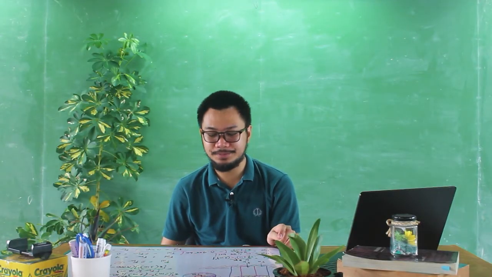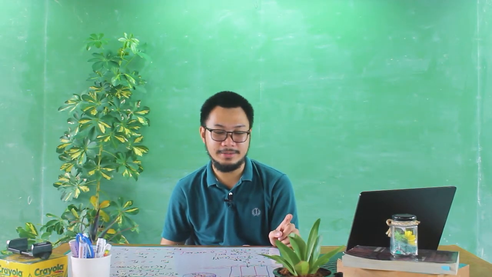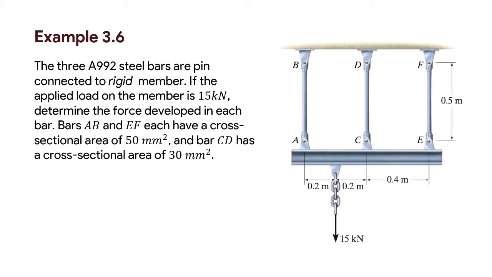Very easy, right? Now, let us have another one. Last example. There are a lot of examples because there are a lot of situations where you apply different equilibrium and compatibility equations. We have three steel bars, and these three steel bars are pin connected to this rigid member.